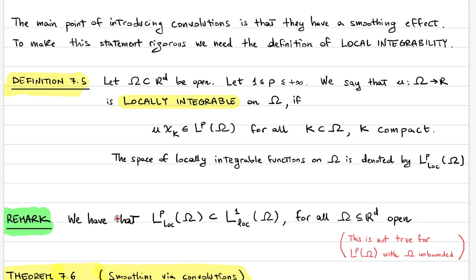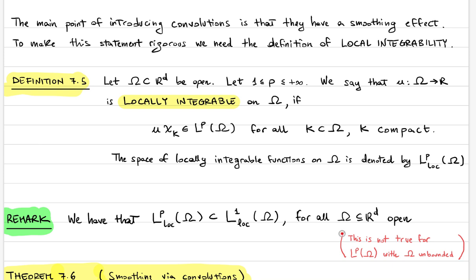And we are remarking this here: we have that L^p loc is contained in L1 loc for all open sets omega and all exponents p, of course.